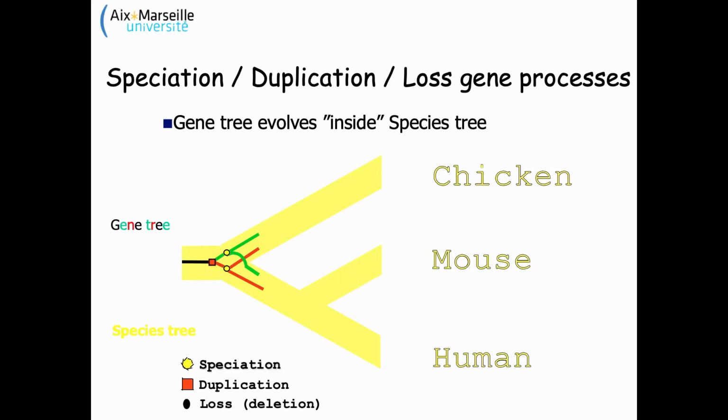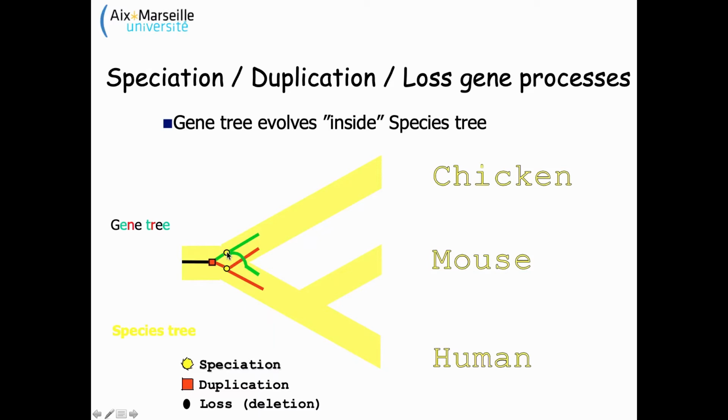A speciation means that I have one copy in the ancestor, and then during the evolution there is a speciation between chicken and the ancestor of mouse and human.